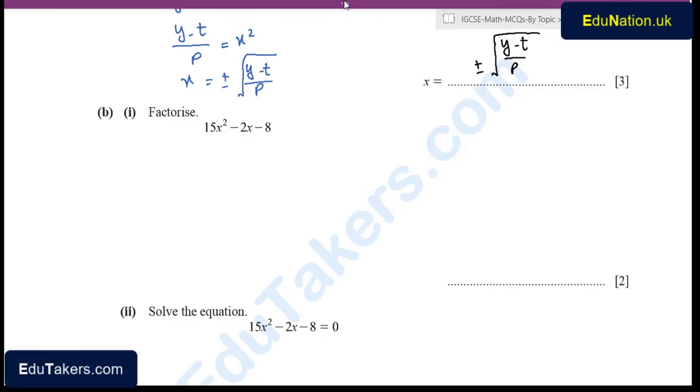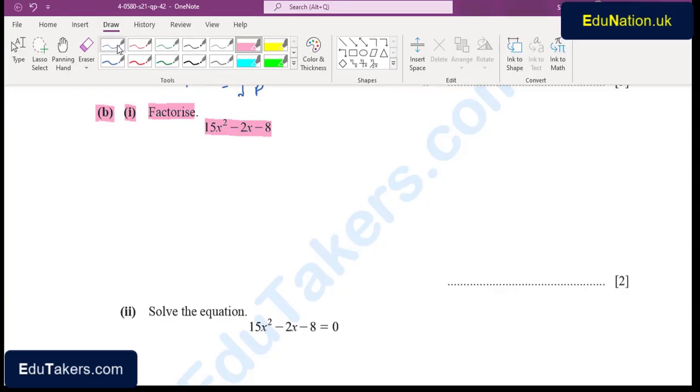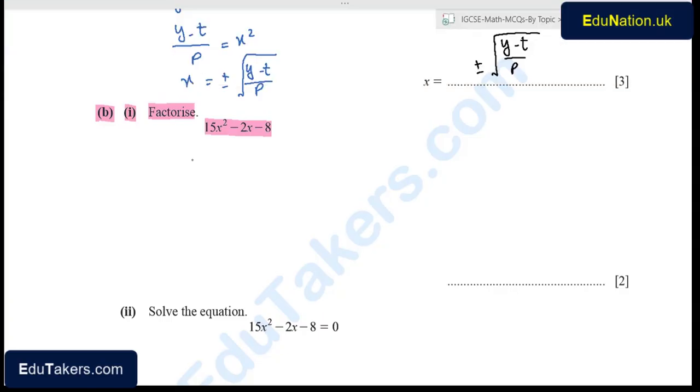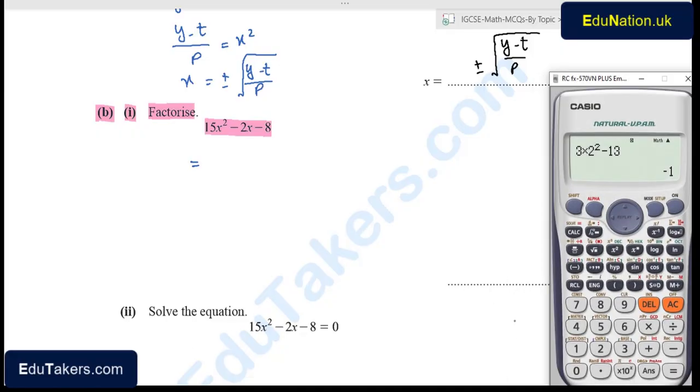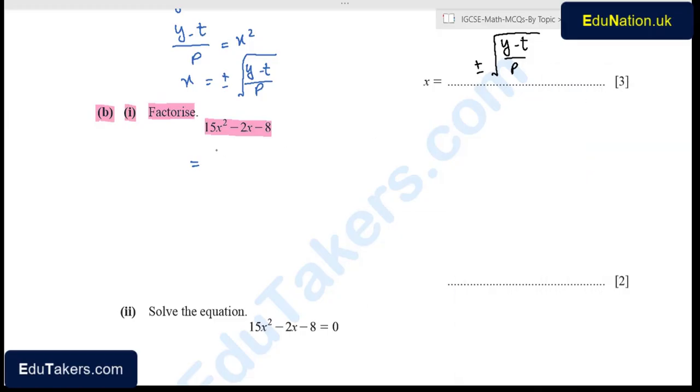Next is part B. Its I part is factorize 15x² − 2x − 8. This is equal to 15 times 8, which is 120.